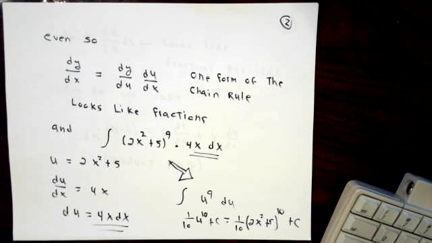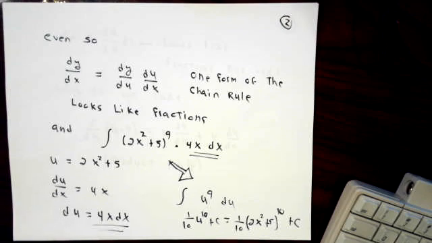But it's often convenient for us to pretend that it is, and we base this on where these things came from again. If u was 2x squared plus 5, the derivative of u with respect to x is 4x. If I pretend that this is a fraction, which it isn't, I would write du is 4 times x times dx.